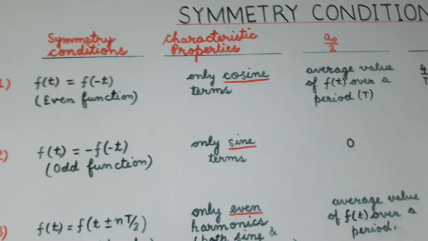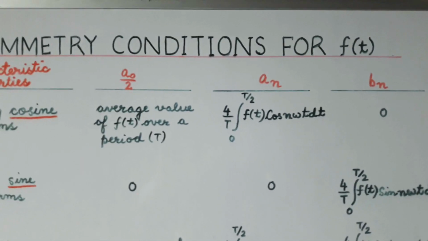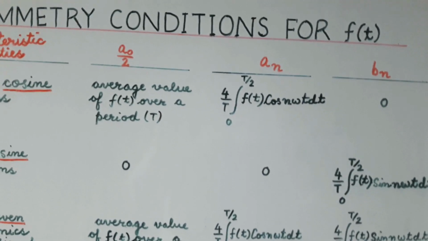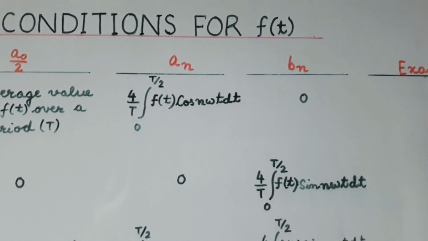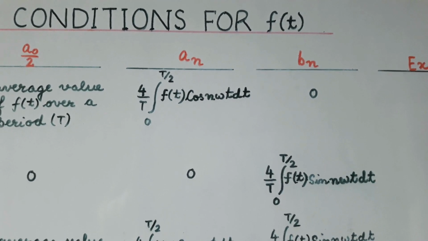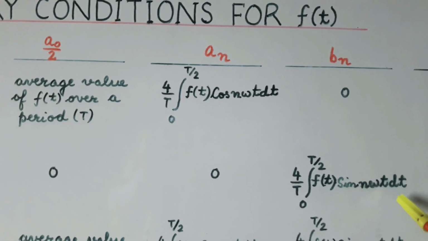That means the coefficient a0 by 2 will be equal to 0, an will also be equal to 0, and bn will be equal to 4 by T integration 0 to T by 2 f(t) sin n omega t dt.